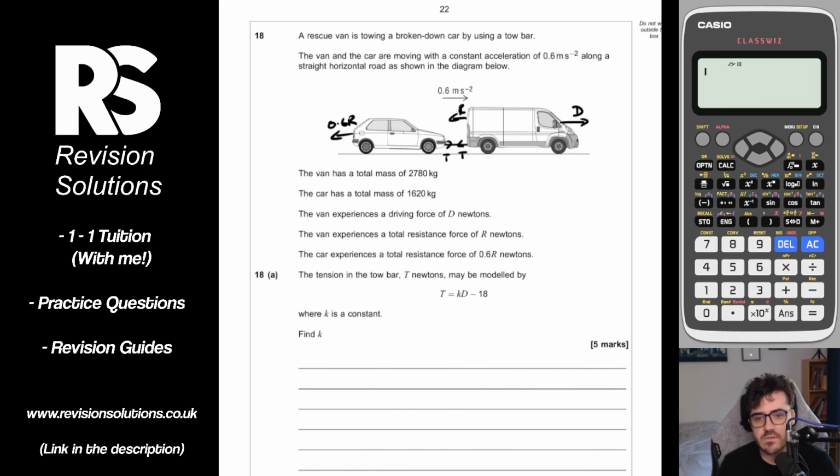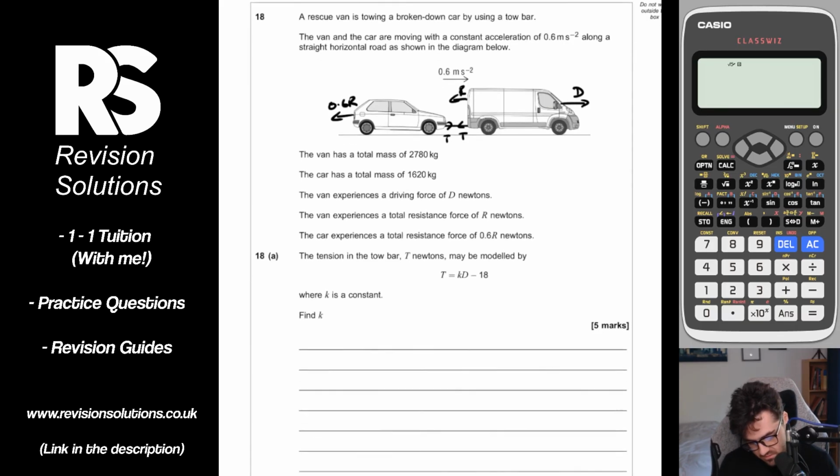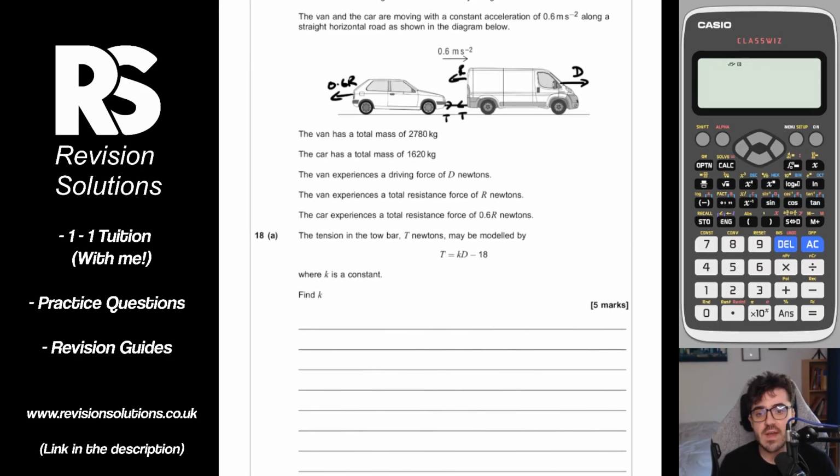To see how this is going to fit in, let's write out some equations of motion for the van and the car, and then try and tie that in later and see if we can find the value of k. So let's start with the car, doing F equals ma going to the right. The net force would be T going to the right minus the 0.6 R going to the left. That would equal the mass of the car, which is 1620 times 0.6.